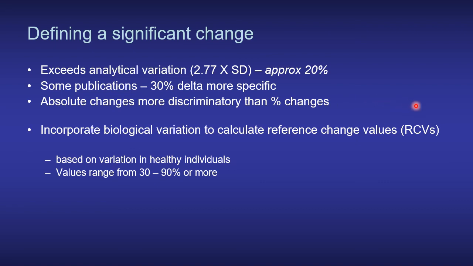And there's been a number of studies addressing biological variation and defining reference change values. These are based on variation in primarily healthy individuals and with reference change values varying from 30 to 90% or more.